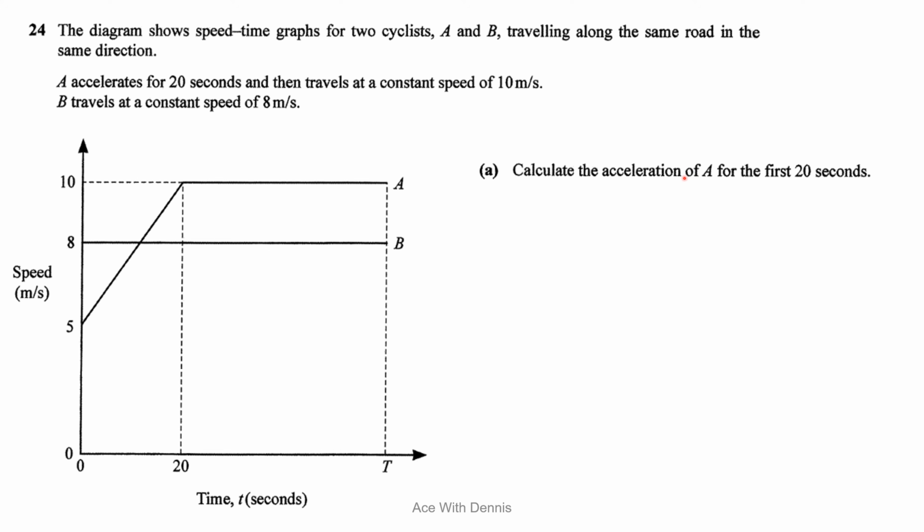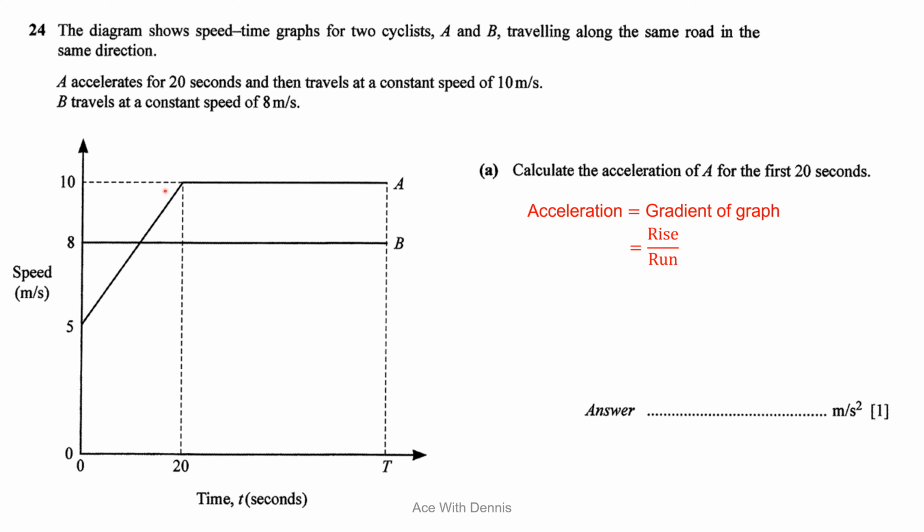A. Calculate the acceleration of A for the first 20 seconds. 1 mark. To calculate the acceleration from the speed-time graph, it will be the gradient of the graph. Look at cyclist A for the first 20 seconds, 0 to 20.